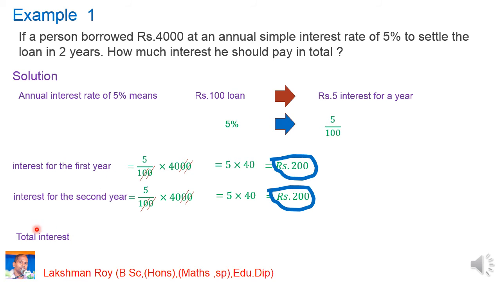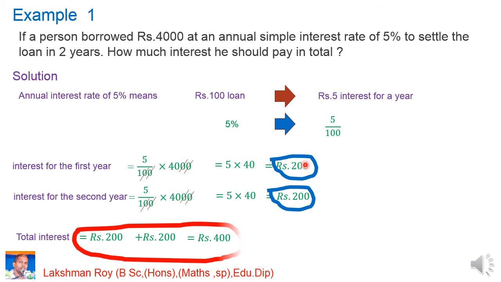Let's see the total interest. Here they ask for the interest paid in 2 years. That means we take the total interest. Interest for the first year 200 rupees, interest for the second year 200 rupees. Add those two, then you get 400 rupees. You can also take this amount this way: interest for 1 year is 200, and that can be multiplied by the number of years.